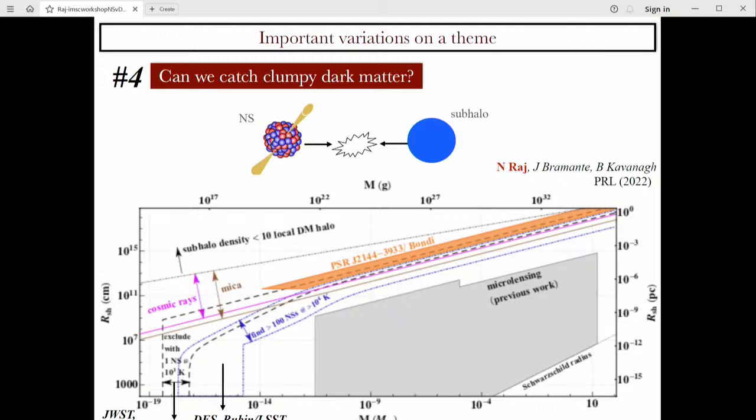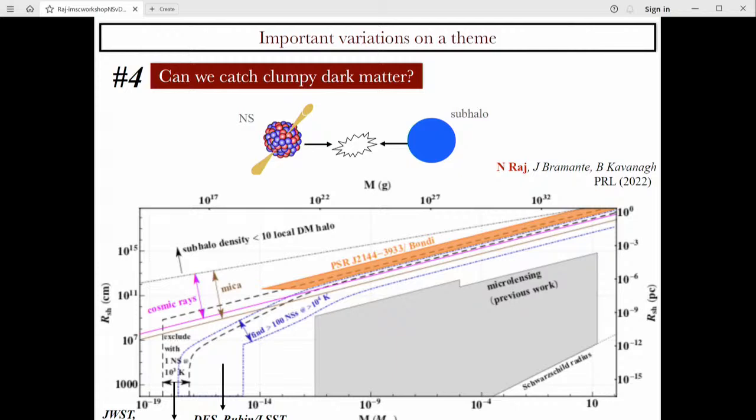And for this to really happen, you need the lump not to get disrupted when it's passing through the neutron star. In other words, you need some self-interactions among the dark matter particles for the lump to stay intact. Nevertheless, it could be done, and you have Bondi accretion of dark matter into the neutron stars that heats up the star to above 40,000 Kelvin, and that already sets a constraint.